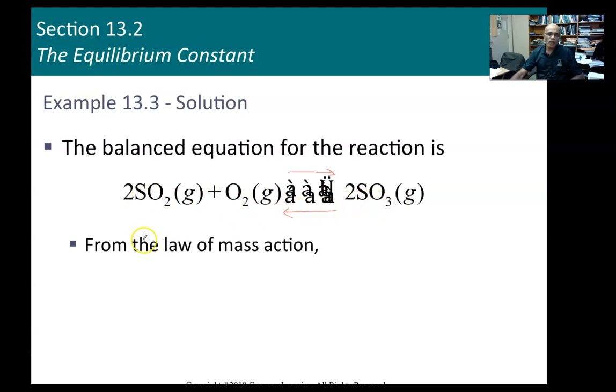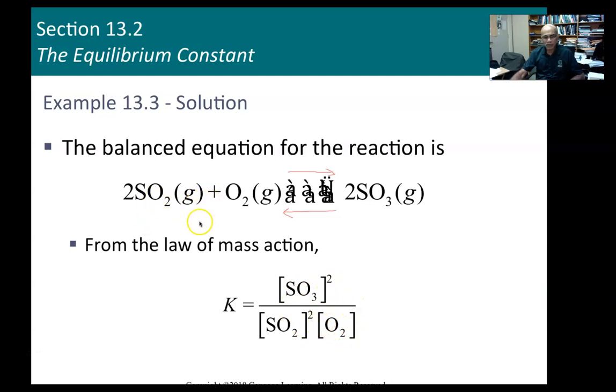So here, K value based on that should be sulfur trioxide squared over sulfur dioxide squared, oxygen to the 1. So this follows the coefficient. Note that. So this is the equilibrium constant.